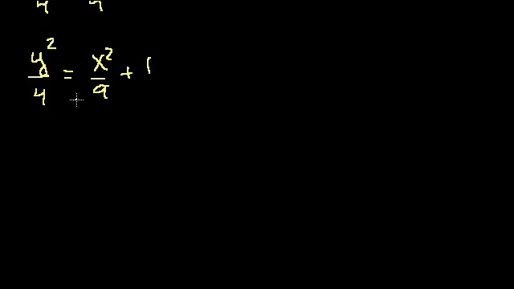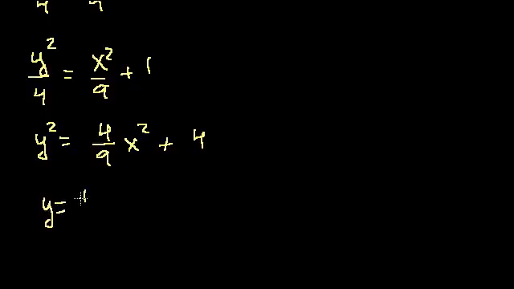Now I can multiply both sides by 4, and you get y squared is equal to 4 over 9 times x squared plus 4. Distribute the 4, take the positive and negative square root of both sides. y is equal to plus or minus the square root of 4 over 9 x squared plus 4.